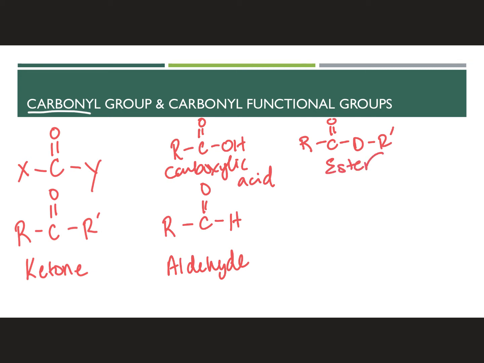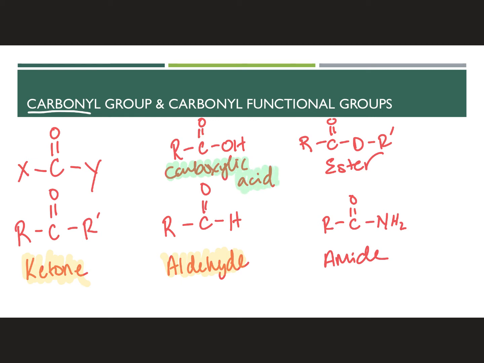And we can also have what we call an amide. So one side is an R group and the other side is a nitrogen. And that nitrogen can be attached to either two more hydrogens or two R groups as well. So the primary focus of this chapter are the ketones and the aldehydes. We will again see carboxylic acids in some of the reactions that we will look at.